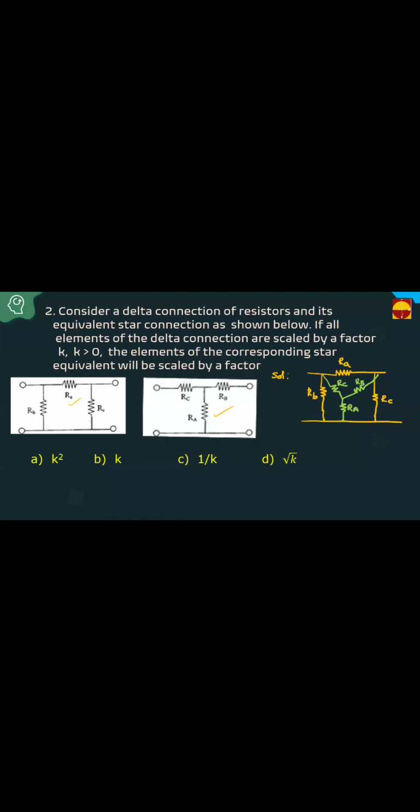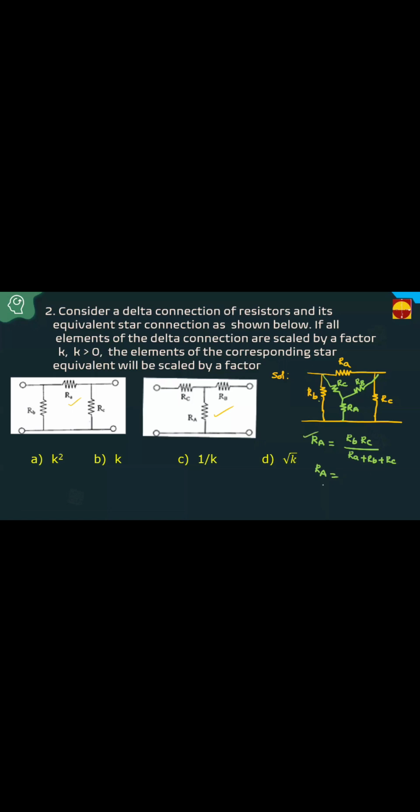Calculate any one element. For example, I am calculating RA in the star connection. How to calculate RA? Product of opposite, RB into RC, by total RA plus RB plus RC. Here the question is, if all the elements of the delta connection are scaled by a factor of k, what is the equivalent scale factor in star connection?